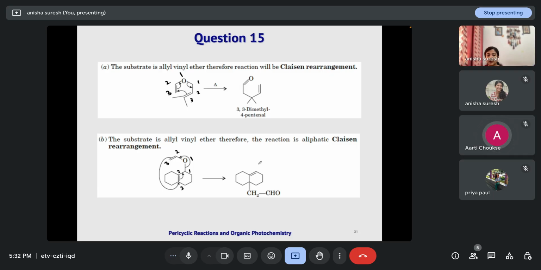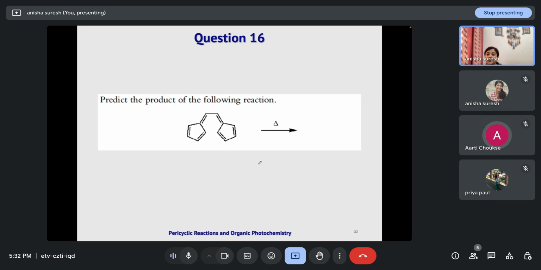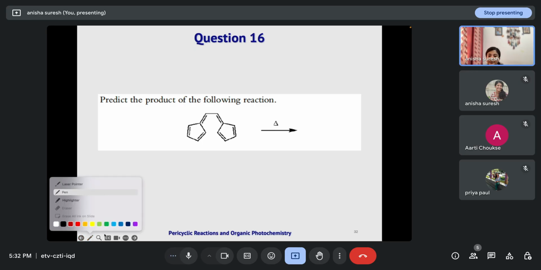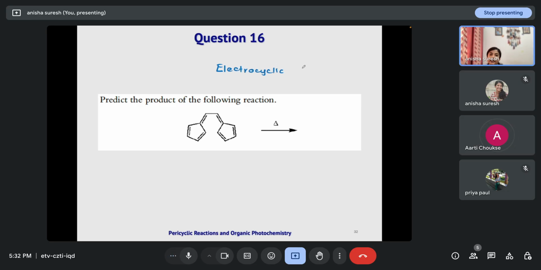Yes, ma'am. Okay. Now coming to the next question. Predict the product of the following reaction. So what sort of reaction is taking place here? Ring closure. Yeah. This is an example of electrocyclic ring closing reaction. Okay.